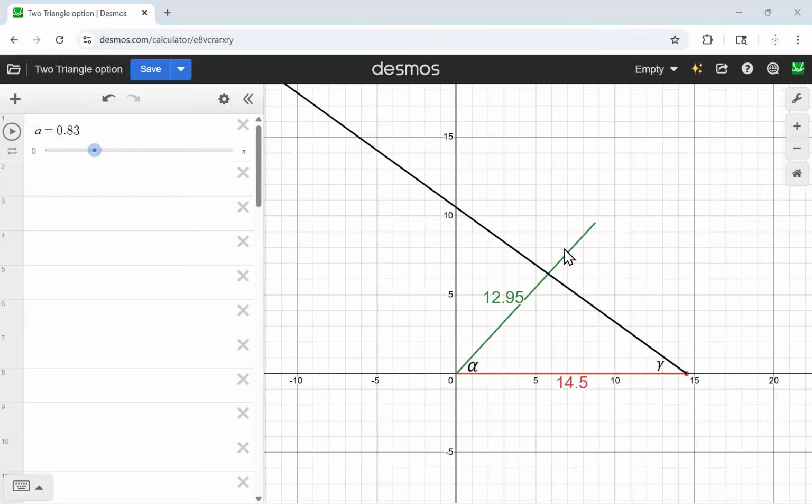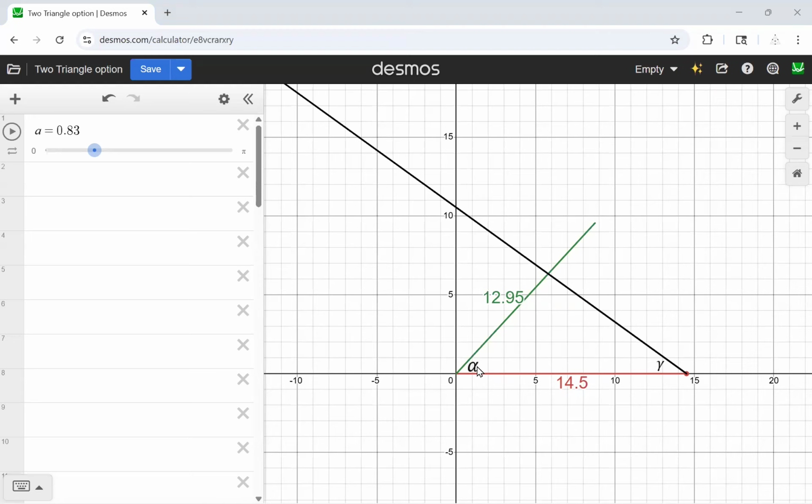By the way, one reason to see that we have two actual triangles that work is drawing a picture. So what we have is the length of C being 12.95. That's opposite angle gamma. The length of B being 14.5. That's opposite of beta.